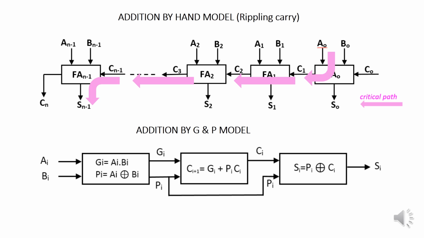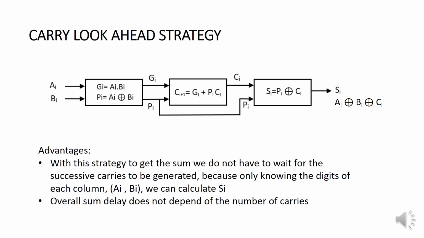Conversely, in the second diagram, by calculating the propagate function and the generate function in parallel and using it as an intermediate step, we can then generate the carries in advance. So, what are the advantages of this propagate and generate strategy?